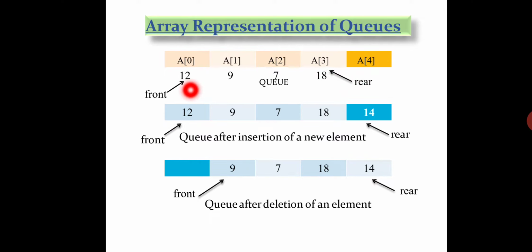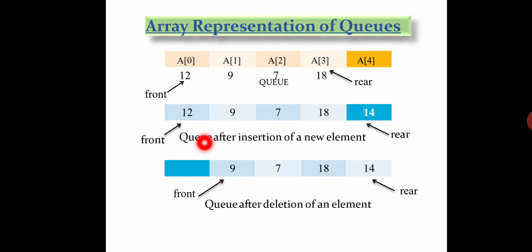One end is called the rear end and the other end is called the front end. Where you can delete is the front end, and where you can add is the rear end. When we add, we do rear plus plus. When we delete, we do front plus plus.